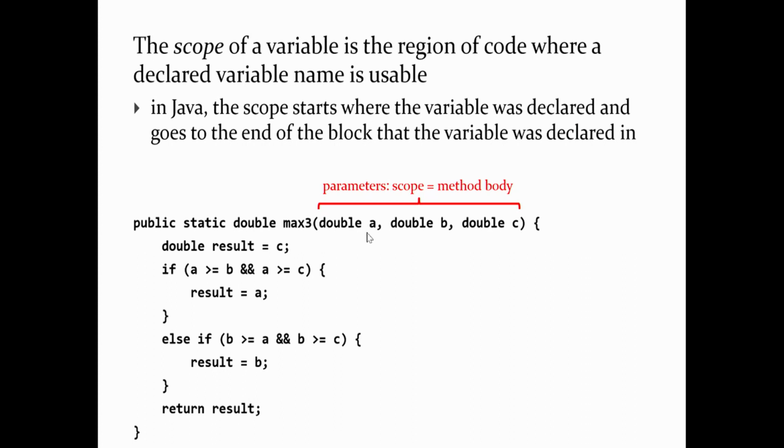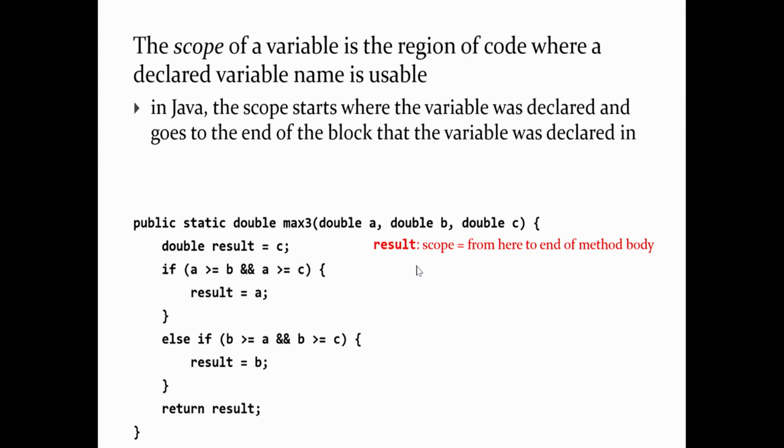The scope of these parameters is the body, delimited by the braces of the method. Now in Java, the scope starts where the variable was declared and goes to the end of the block in which the variable was declared. So for methods, we pretend that these variables are declared inside the braces, and then anywhere inside the braces, you can use the names a, b, and c.